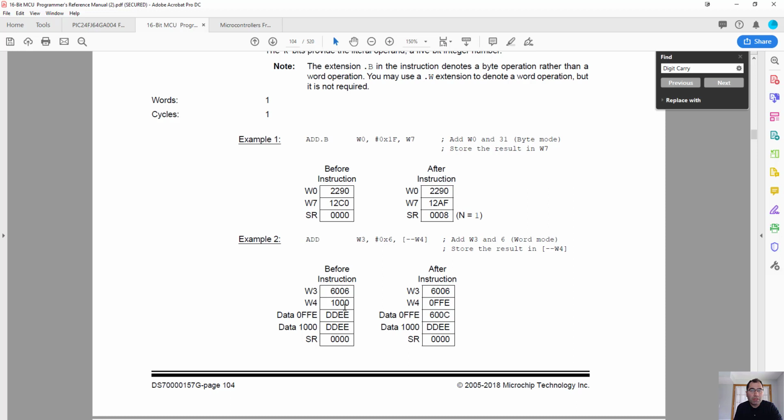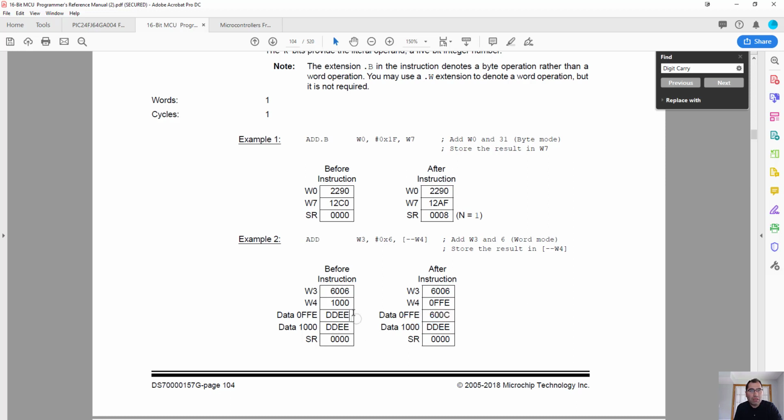If you didn't have any decrement here, it would go to address location 1000. But because you have pre-decrement, it first decrements the address, so you get FFFE, it goes to that address and puts the sum in there. So data location 1000 content did not change, it's the same.